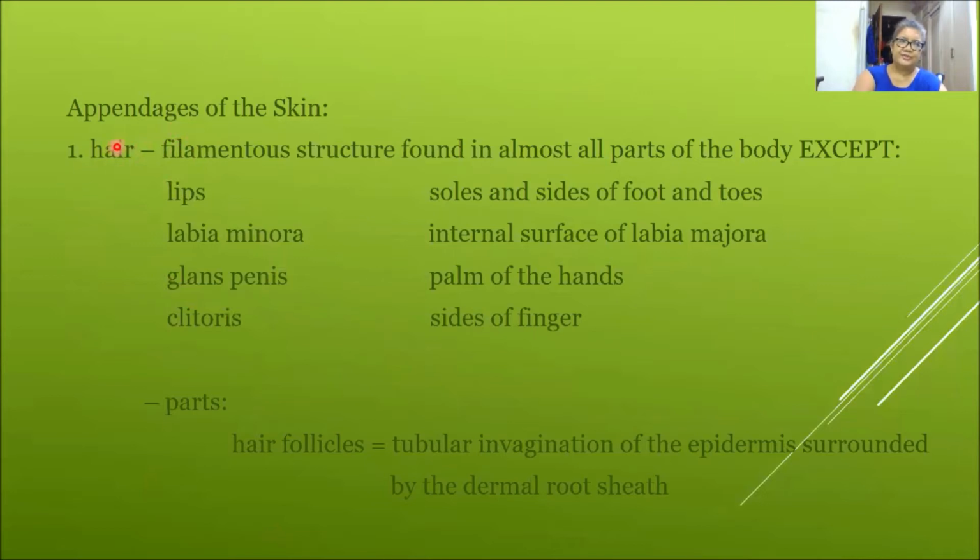So we go first to the hair, which is a filamentous structure found in almost all parts of the body, except the lips, the labia minora in the female, the glans penis in the males, the clitoris in the female, the soles and sides of the foot and toes, the internal structure of the labia majora, and the palms of the hand and sides of fingers. Regardless of how hairy you are, like the apes, this area is devoid of hair.